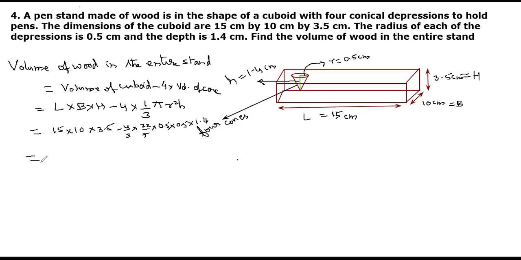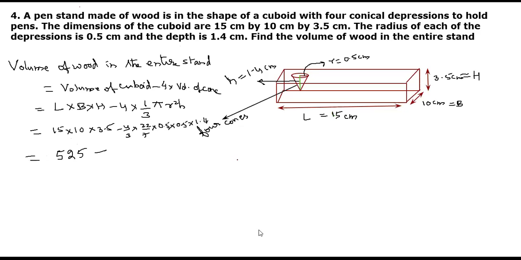So now multiply 15 into 10 is equal to 150, and then 150 multiplied with 3.5 gives 525. Your answer will be 525 minus. Now check, is there any number which can be cancelled? Yes, 7.